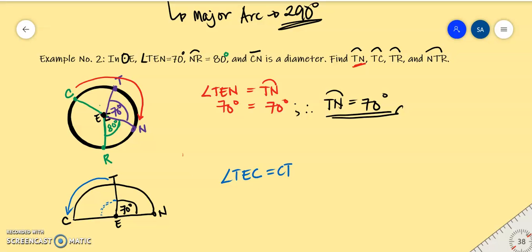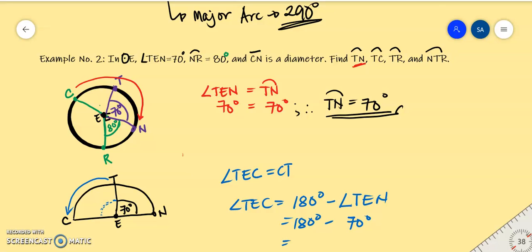So what is the measure of angle TEC? That is what we will find. Since when we extend to 180 degrees, for angle TEC our solution is 180 degrees minus angle TEN. So 180 degrees minus the measure of angle TEN, which is 70 degrees.